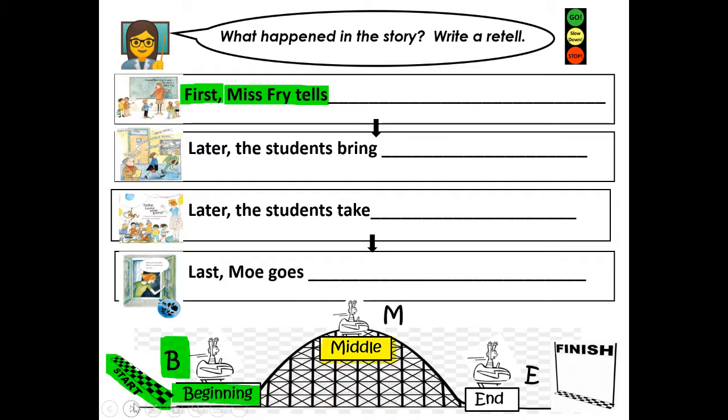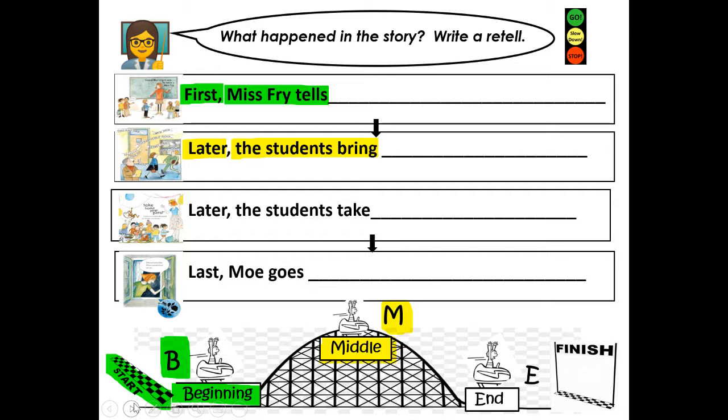All right, now we're going to talk about the middle of our retell, and the middle is going to be 2 sentences. Later, the students bring, what do the students bring to class? What's going on in that picture? So what I want you to write is later, the students bring, and then finish that sentence.